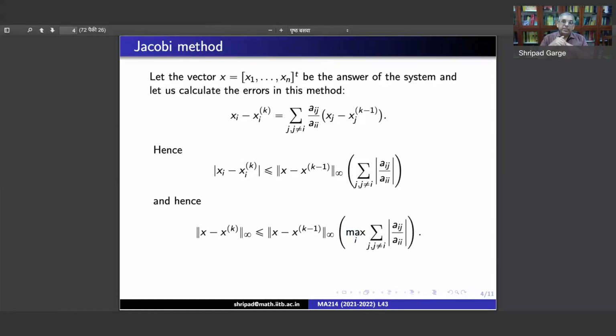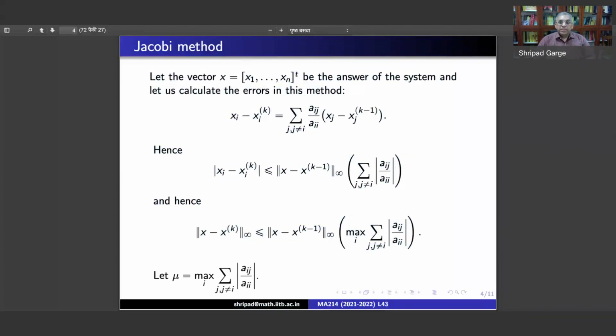So the error for the kth approximation is bounded above by the error in the (k-1)th approximation times a number which is truly independent of i. We give a name to this. We call this number mu.